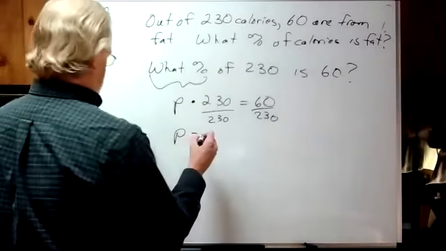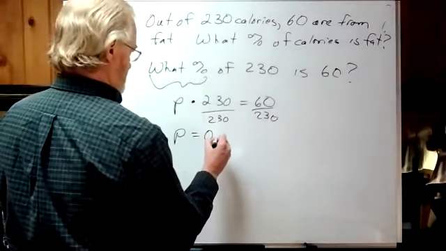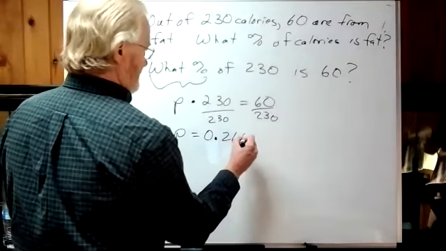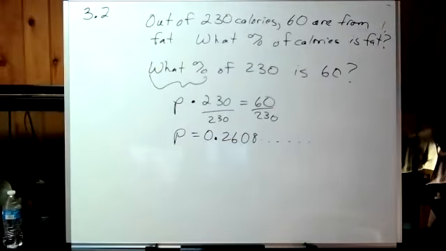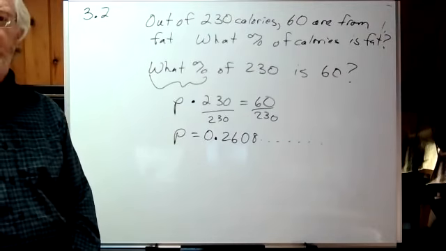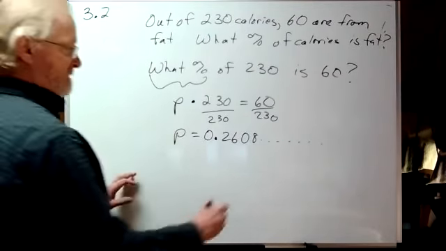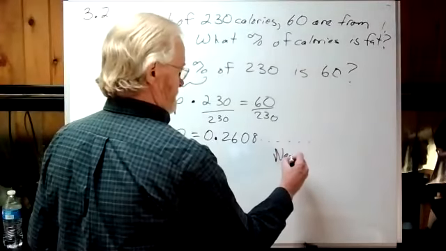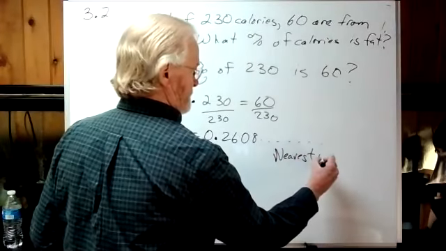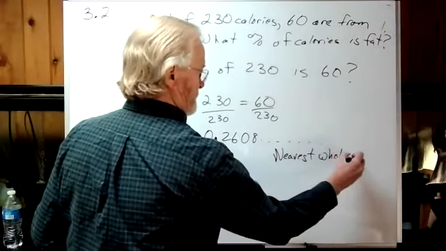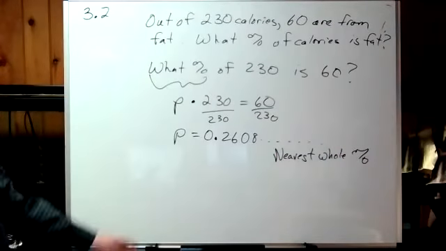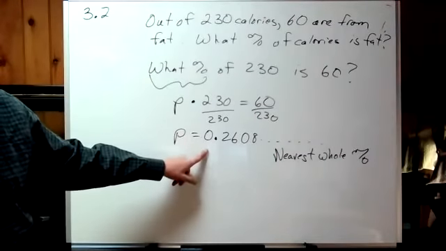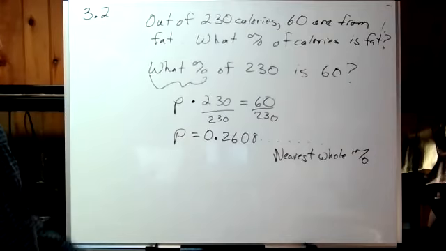And I've got 0.2608 and so on. Let's say we're going to round this to the nearest whole percent. Don't round it now, it would round to 0 for a whole number.